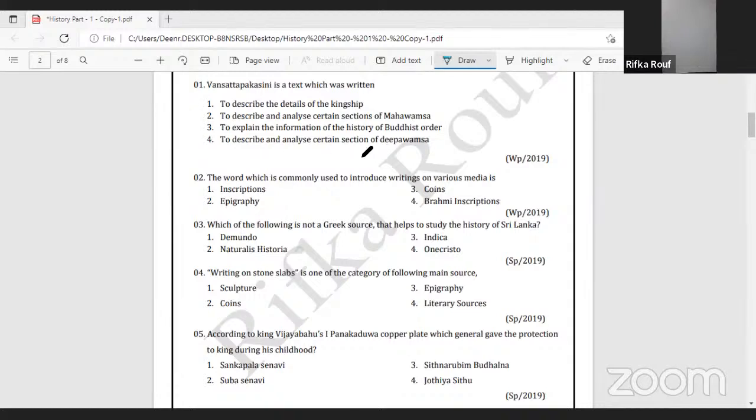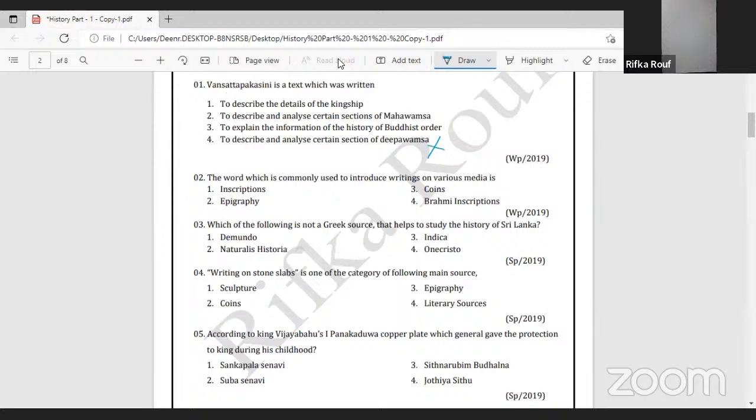Look at the 4th one, Deepavamsa. Deepavamsa is not even related to this. We are not talking about the Deepavamsa here. So that is gone. The 4th one is no.